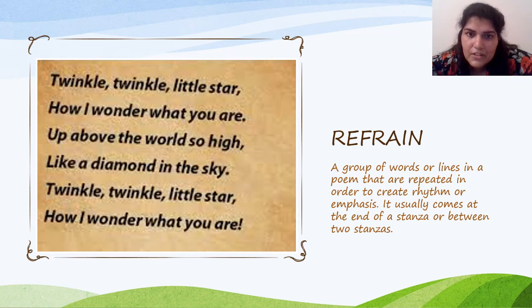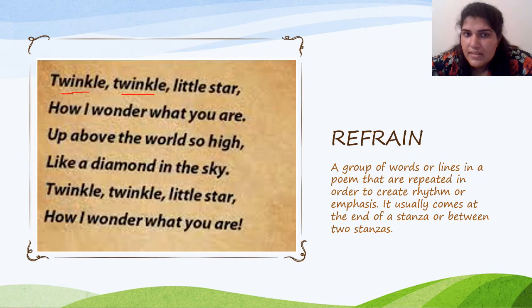For example, you can see here in the picture, "Twinkle, twinkle, little star, how I wonder what you are, up above the world so high, like a diamond in the sky. Twinkle, twinkle, little star, how I wonder what you are." So here, "twinkle, twinkle, little star" is repeated twice to create emphasis.